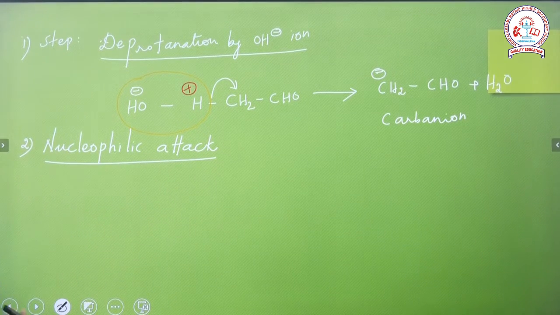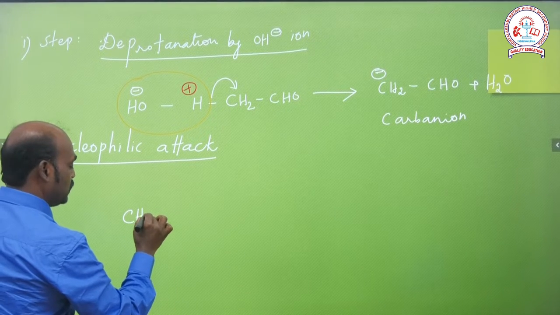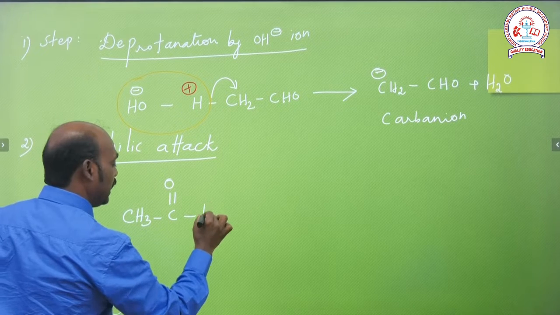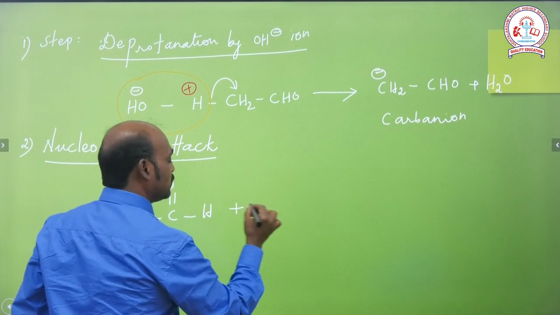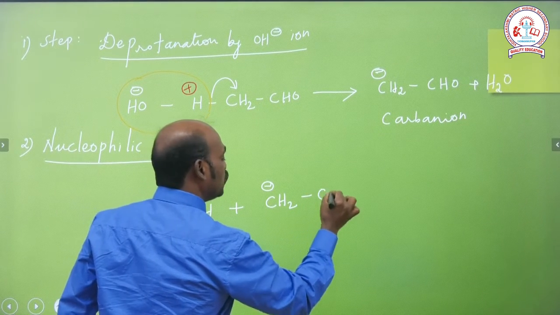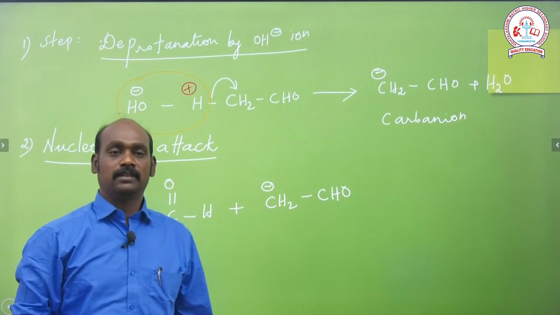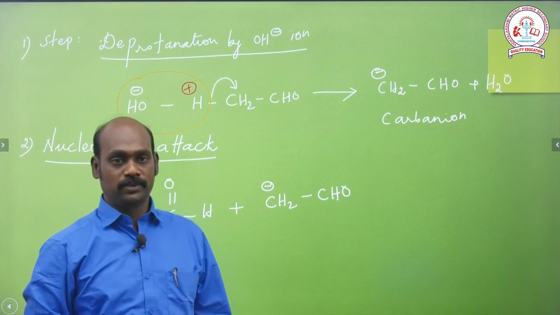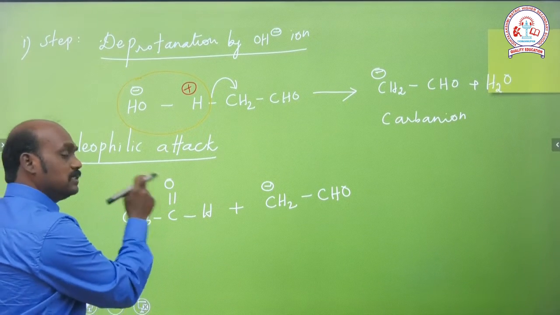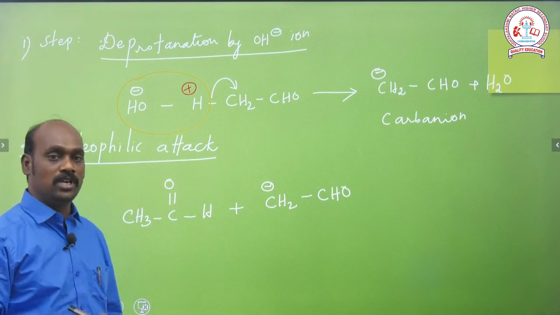So CH3C double bond O H plus CH2 minus CHO. Already we know the carbonyl group is a polar group. Why? Because oxygen is a highly electronegative element which attracts the bonded electrons towards itself.